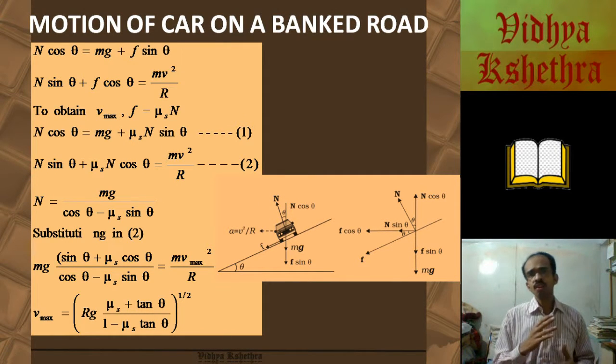So these are the forces that are acting on the car as shown in the figure. There are the normal force N, mg, the weight, and the centripetal force and the force of friction.